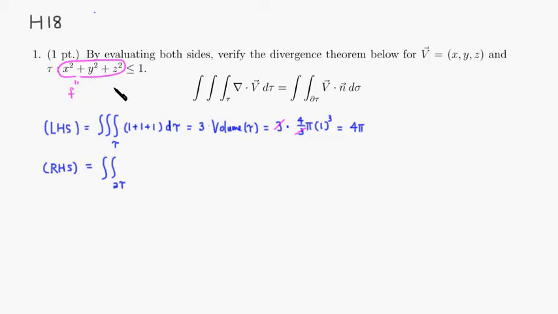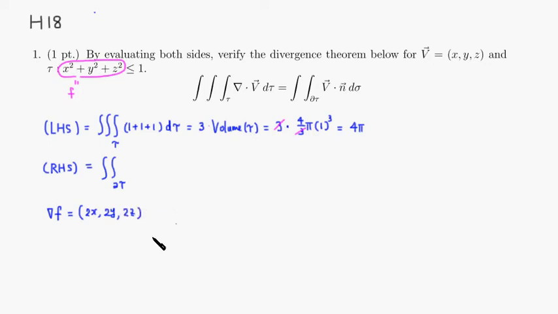In order to find the unit outer normal vector, we look at the gradient of f. The gradient of f is the partial with respect to x, 2x, the partial with respect to y, 2y, and the partial with respect to z, 2z.